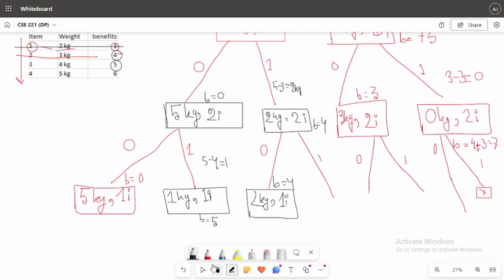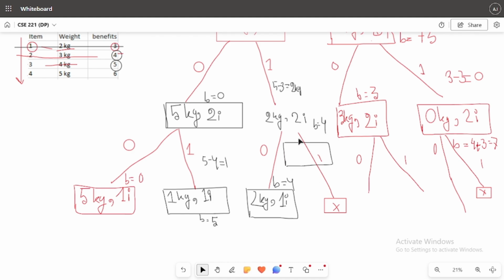See very carefully. Our weight is now 2, and for item number 3 it is 4 kg, right? So our answer will be negative, so we will put a cross, that is we cannot pick any item.